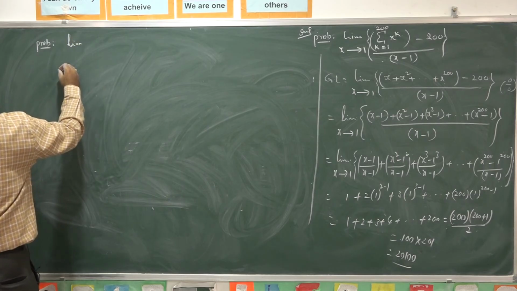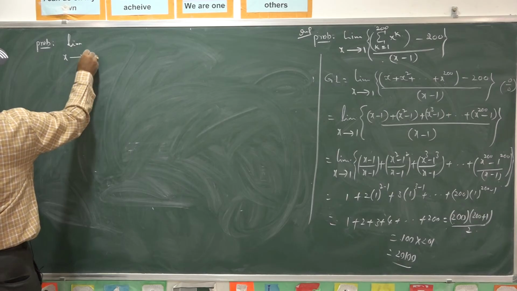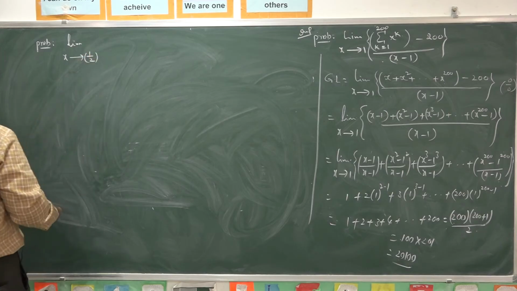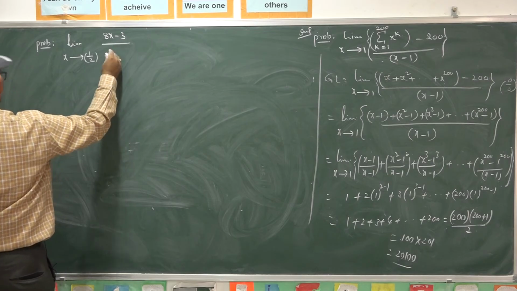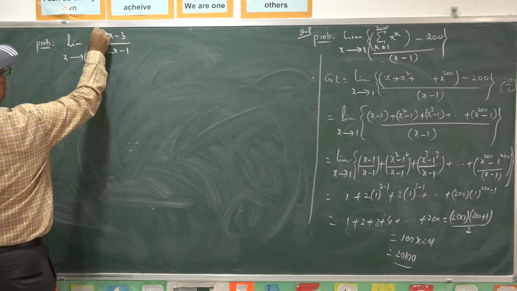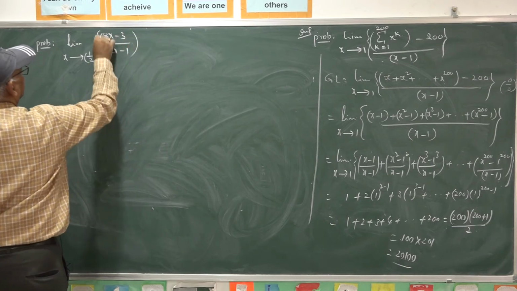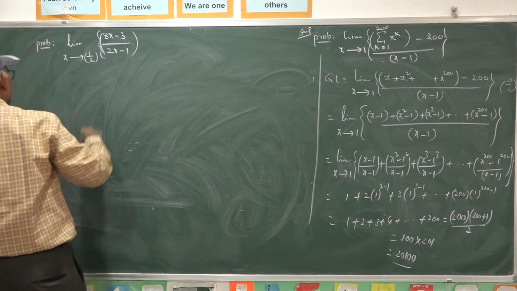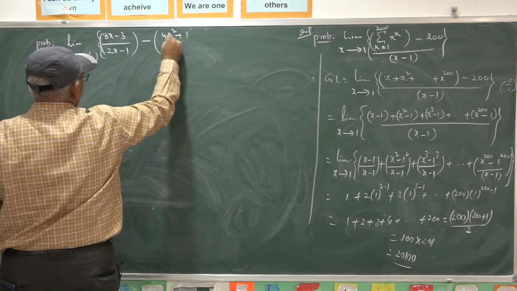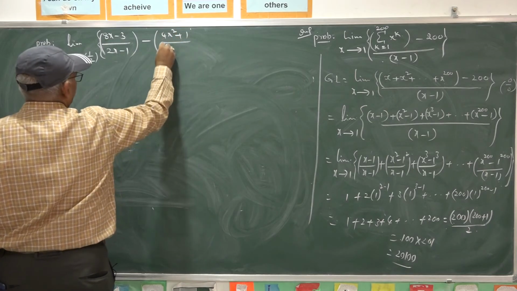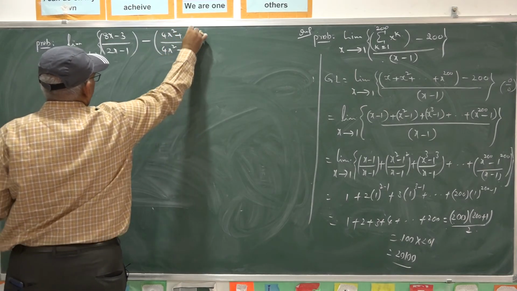Limit as x goes to 1 by 2, 8x minus 3 by 2x minus 1. This is one term. The other term is minus of 4x square plus 1 by 4x square minus 1.